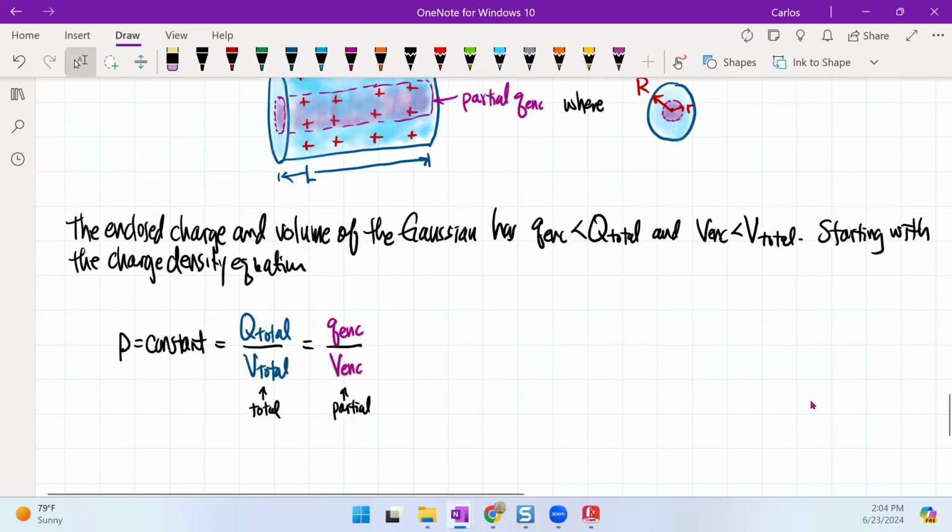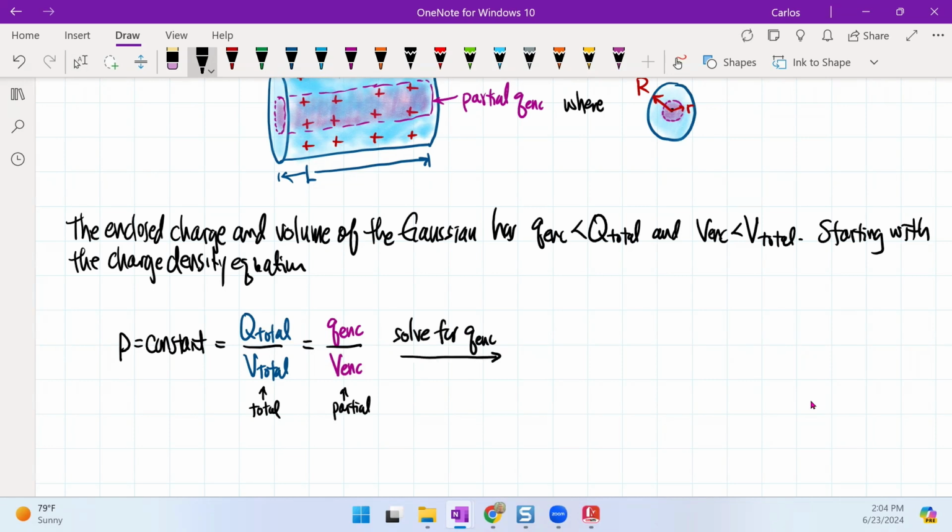As we did before, we solve for Q enclosed, which is the total charge times V enclosed over V total.